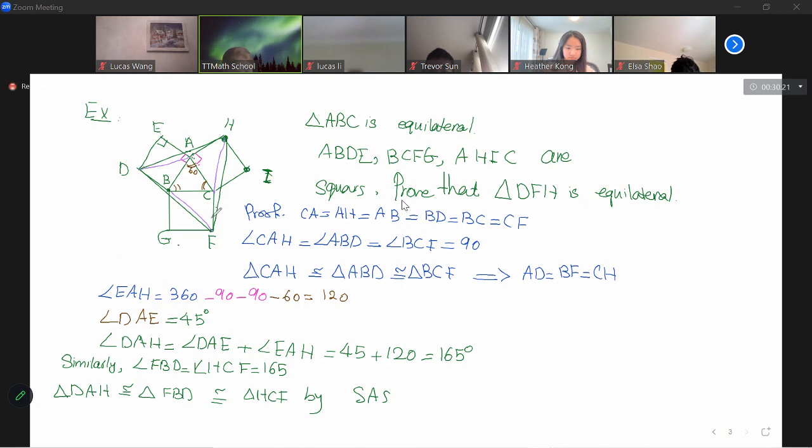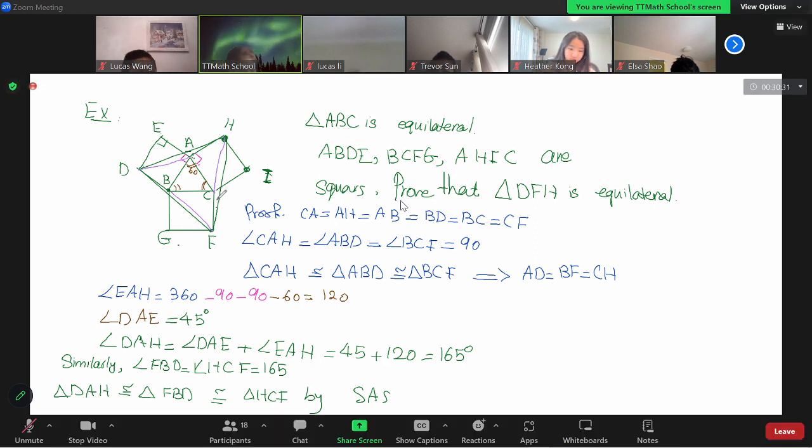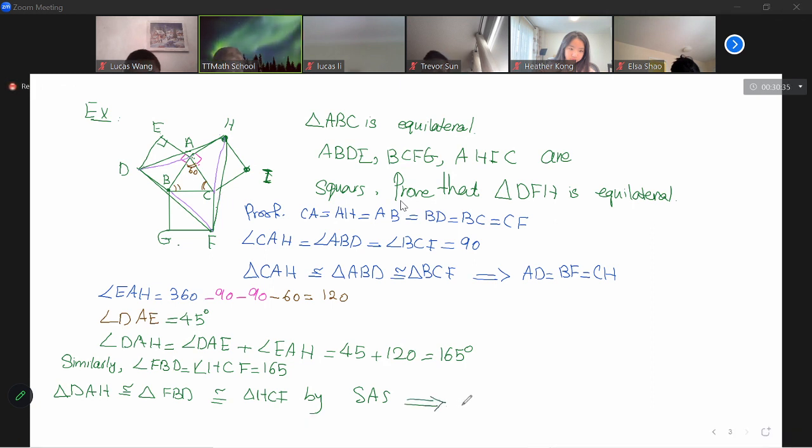The other side is the side length of the square, right? And then the angle that we just proved, they're all 165. So they are congruent triangles. And this basically implies that their corresponding sides are equal, which means DF is equal to FH equal to HD, right? So we are done.